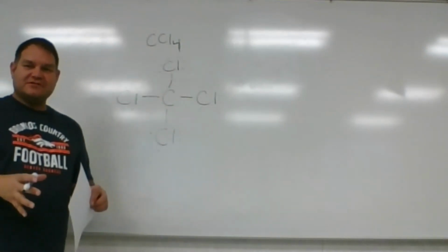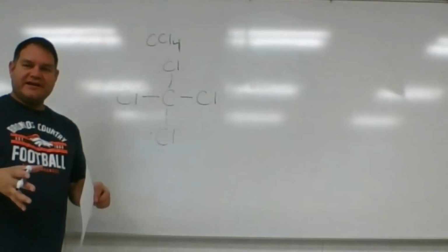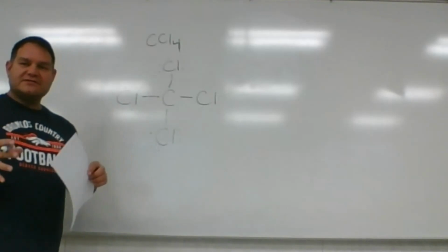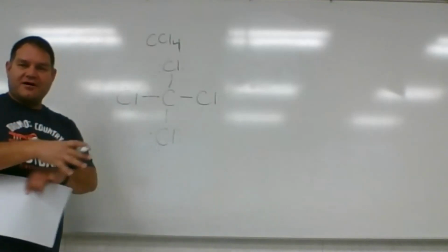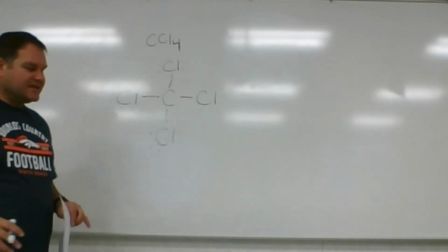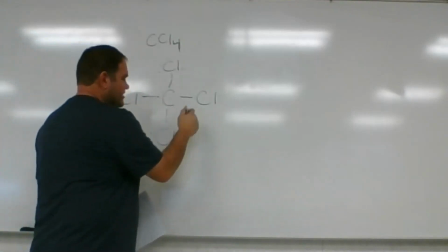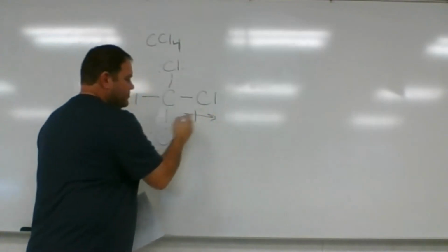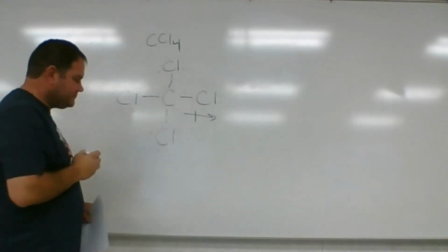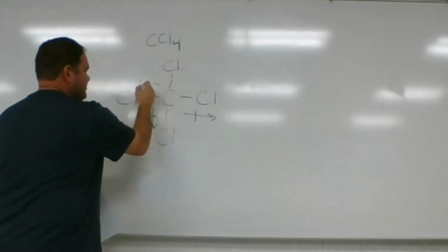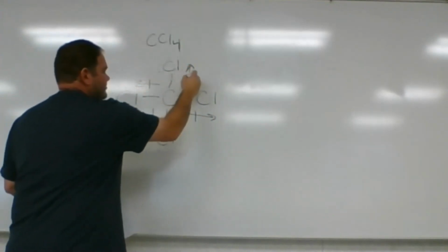So now what we're going to do is look at the bond polarity and then determine if the polar bonds cancel or offset one another. Between carbon and chlorine, chlorine is more electronegative, so I should have a dipole arrow towards the chlorine. Same thing with each of the other chlorines.